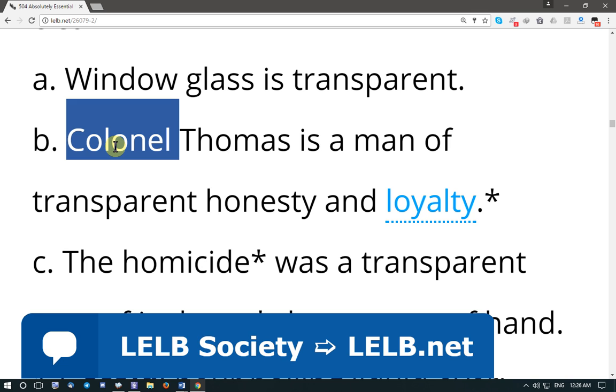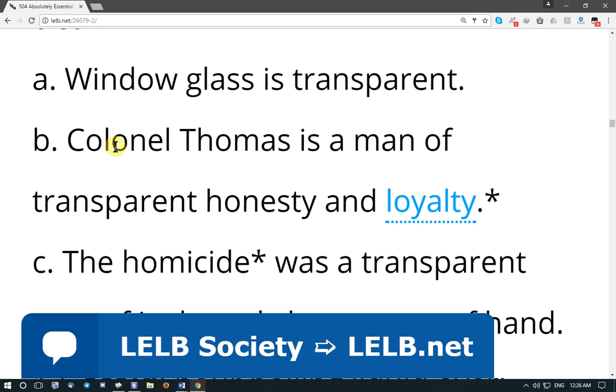A colonel is a high-ranking military position, and this person must have a lot of subordinates. So Colonel Thomas is a man of transparent or clear honesty and integrity. Also, you can say integrity.